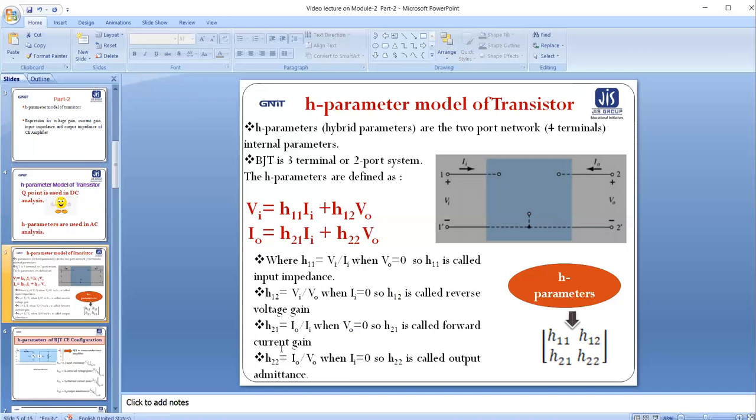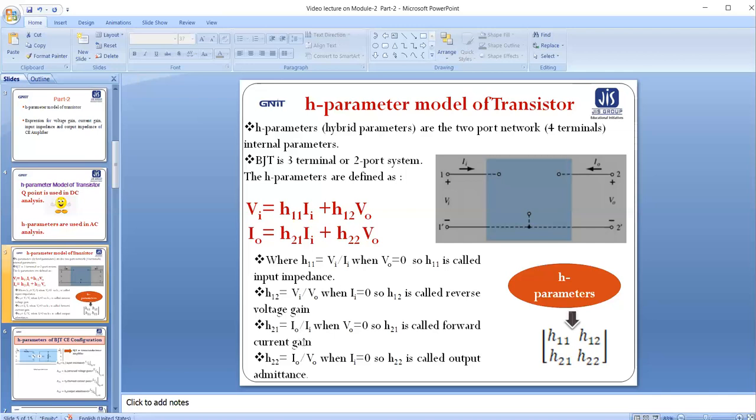Similarly, I naught equals H21 into II. So H21 can be described as I naught by II. Here you will see that this is a ratio of two currents, so it is equal to gain, current gain. The important thing is that the denominator is the input current, whereas the numerator is the output current.